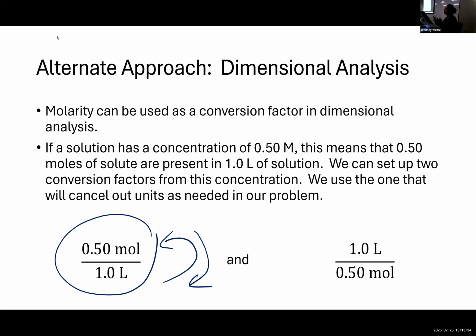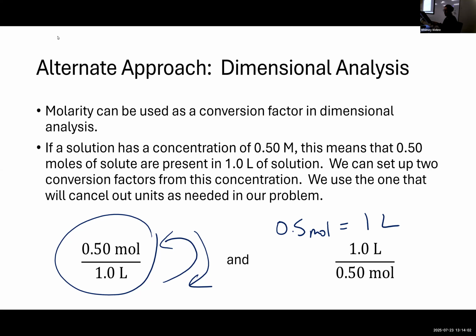But you can always reverse it and put liters on top. It really just depends on what the question is asking for. So if a solution has a concentration of 0.5 molar, this means that 0.5 moles of solute are present in 1 liter of solution. So 0.5 moles equals 1 liter. So it's the same type of conversion factor we have set up in previous problems.